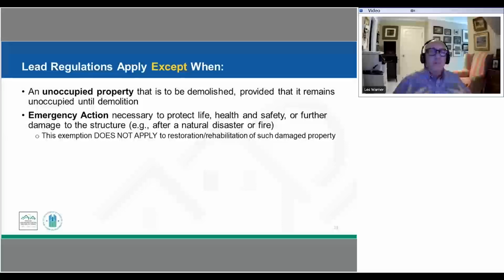But the rehabilitation and restoration done as part of that is not going to be exempt, and you'll have to follow the lead-safe housing rule requirements. Only that emergency action needed to stabilize and address the immediate danger is exempt.